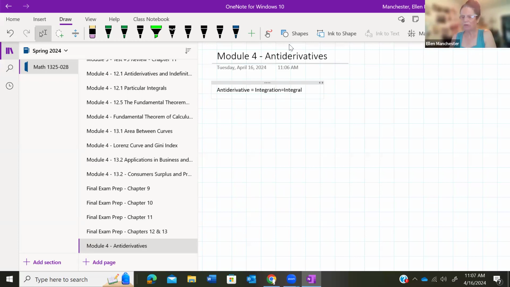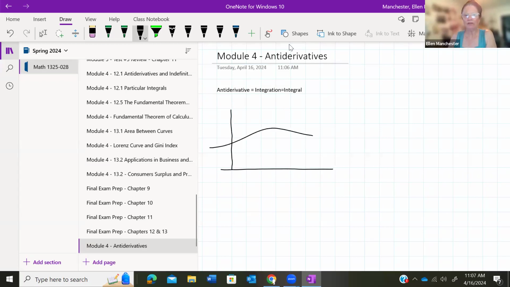So instead of now starting with a function, now we're going to start with the derivative and take it back to the function. But visually, if I draw this picture, and I have this function, we're going to call this f of x. What we're doing is if I put a barrier right here and say, okay, I want to stop, let's just say we're going to stop at this value c.